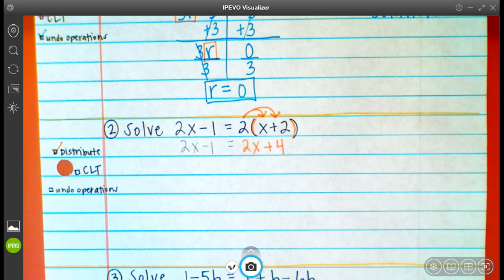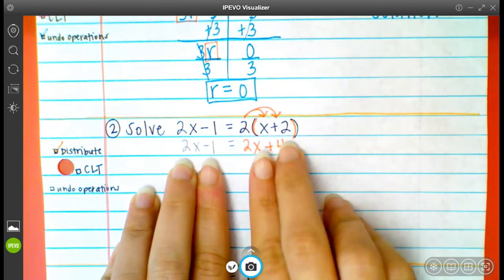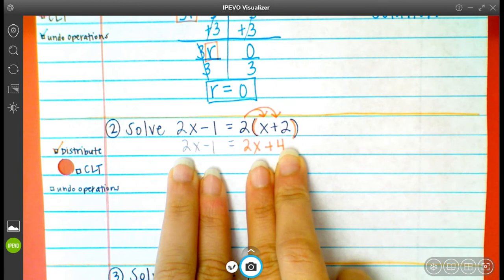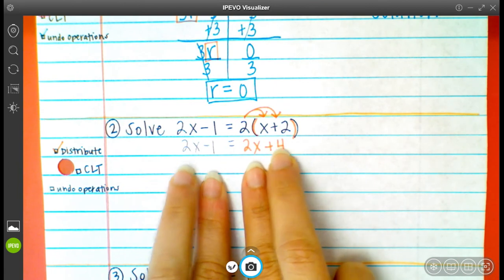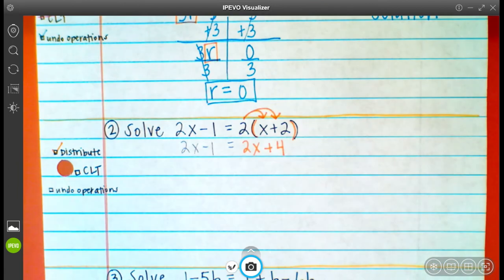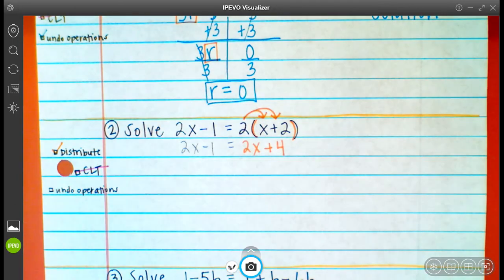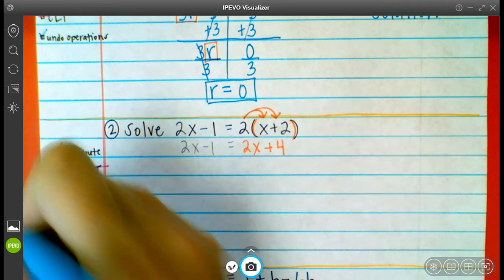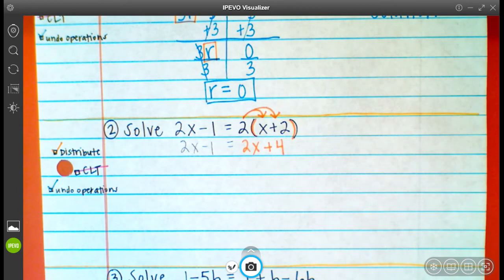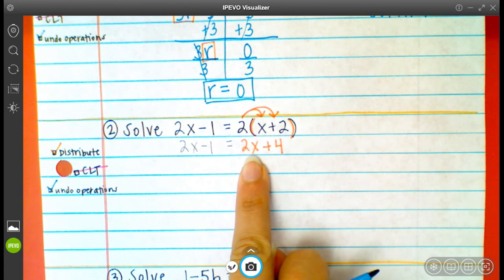Now we're going to look to see, can we combine any like terms? And on the left and right side of my equal, I don't see anything that I can combine on the same side. So that means, again, guys, we will not be combining like terms. But we can undo our operations from both sides. So we notice we have a 2x on both sides.